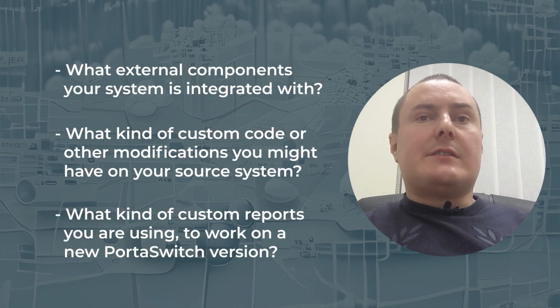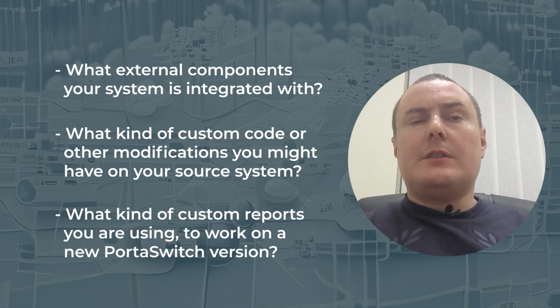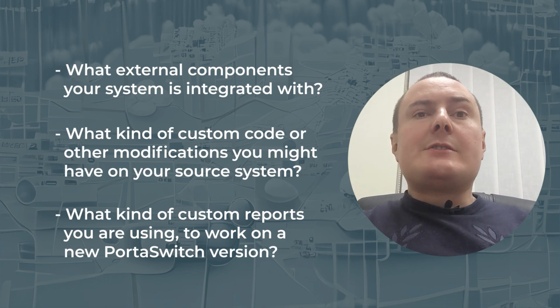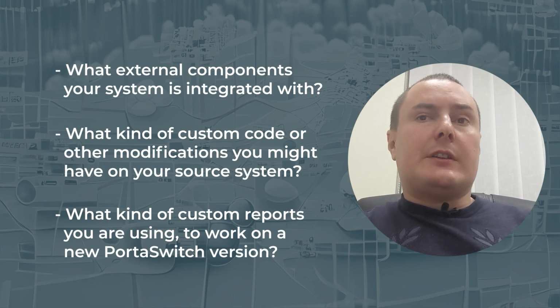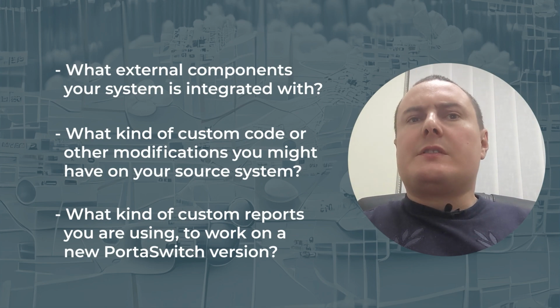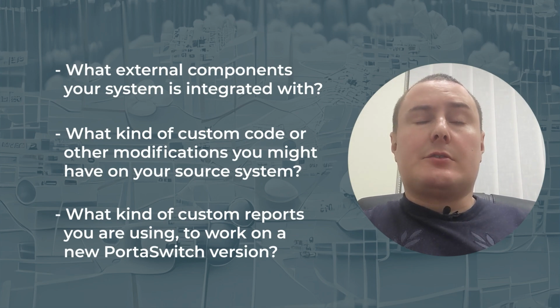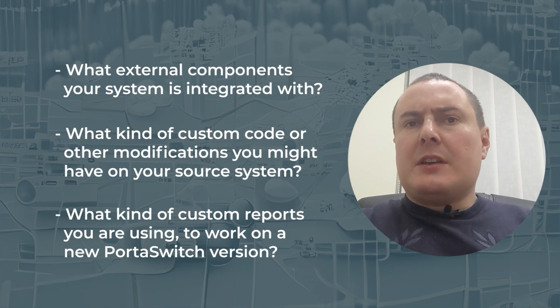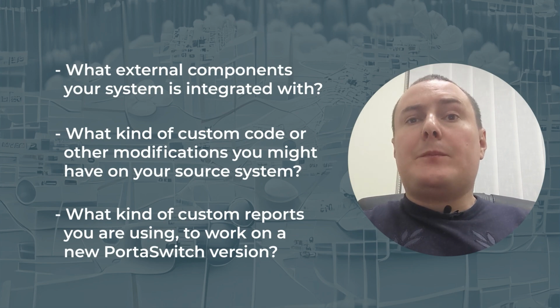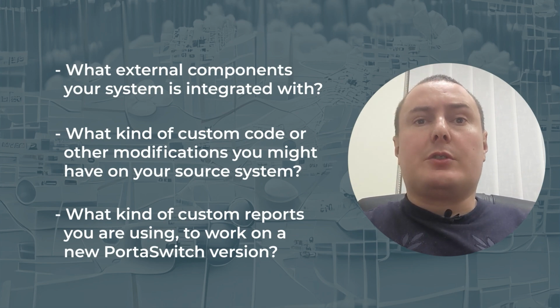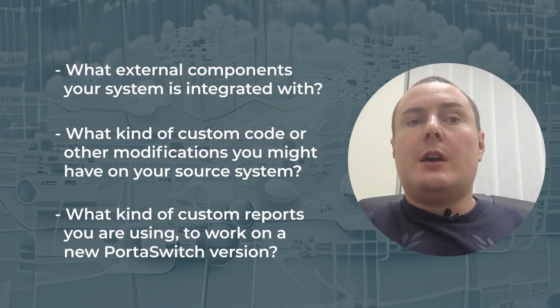During this analysis, we check a number of things, including what external components your system is integrated with, and what peculiarities in those external systems need to be addressed. What kind of custom code or other modifications you might have on your source system, and how to replicate all of those modifications to ensure that the new version of PortaSwitch functions smoothly.